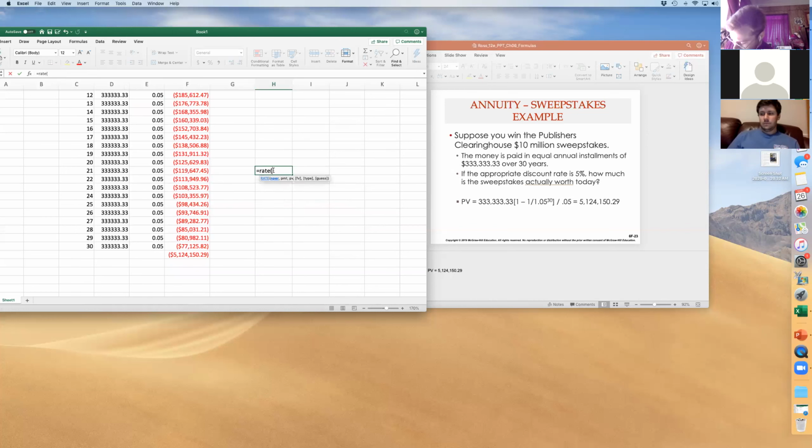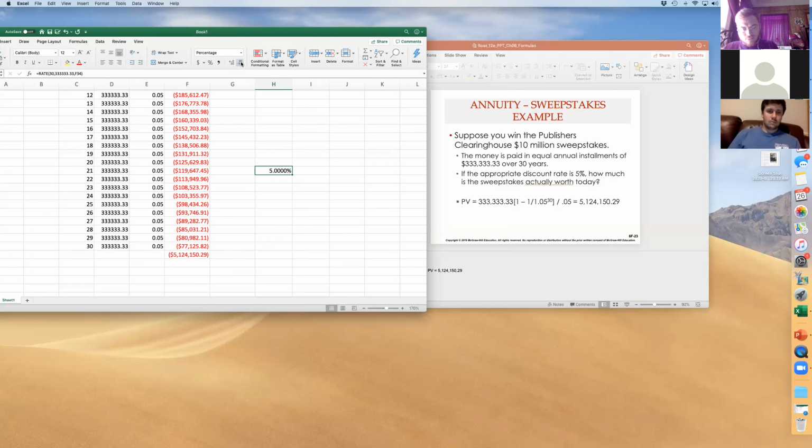I could figure out what the rate was that is implied. And I know it was 30 years. The payment was 333,333.33. Present value was a lump sum of, let's see, 5 million. And I'm just going to click on that. And it had a negative sign, so I got to get rid of that. I could back out what they're implying the interest rate is.